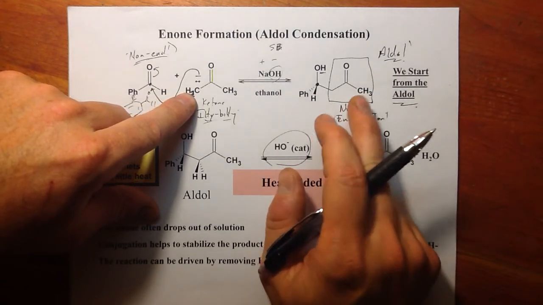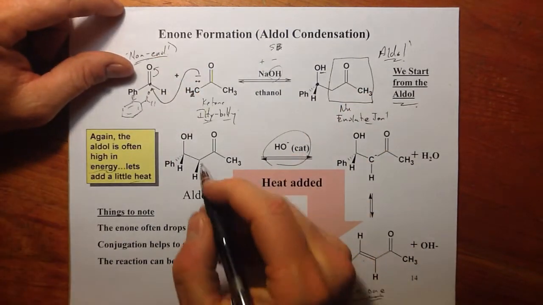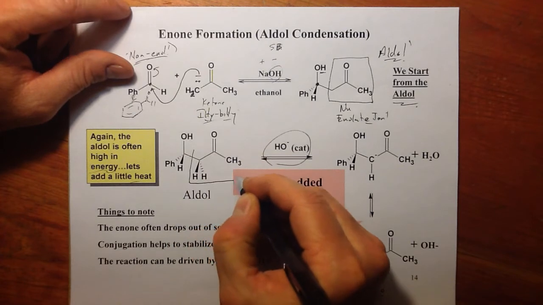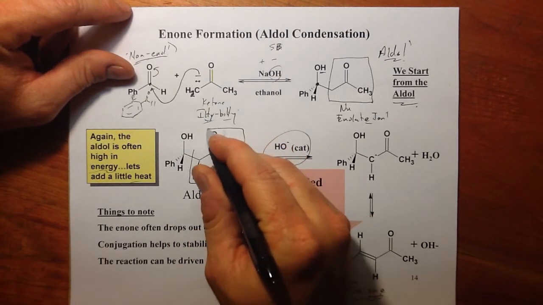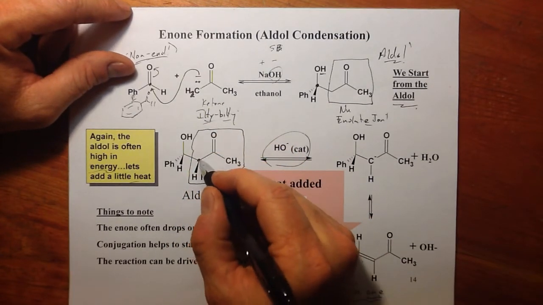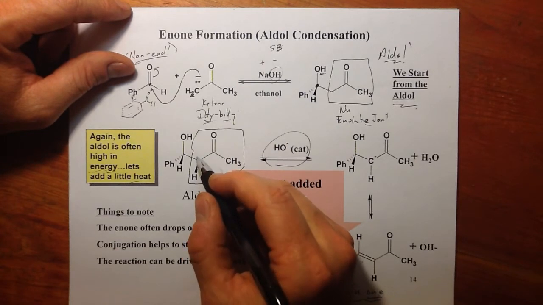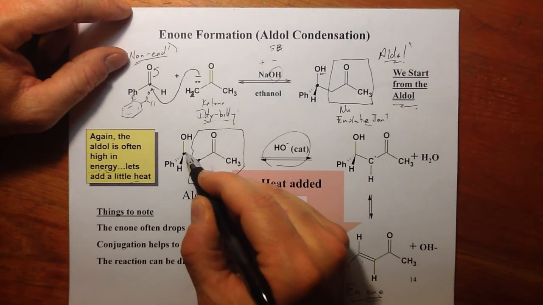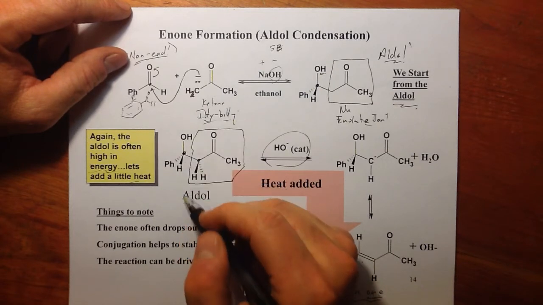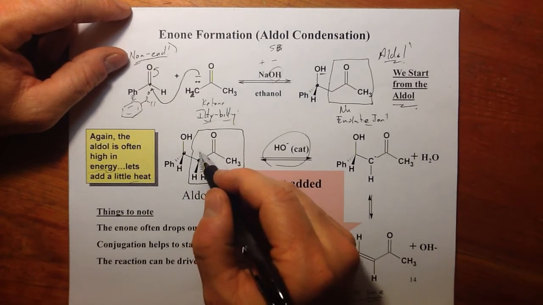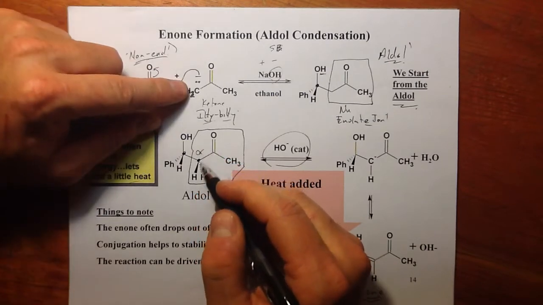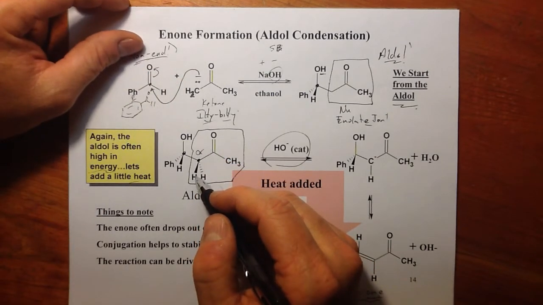So let's go find that carbon here. If we box in our nucleophile, there it is. It's the carbon that was the negatively charged carbon that attacked the benzaldehyde, this carbon here. So this is the key carbon, the alpha position. Go find it again and tear another proton off.